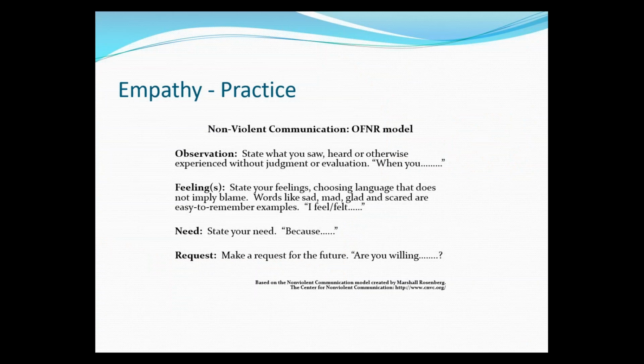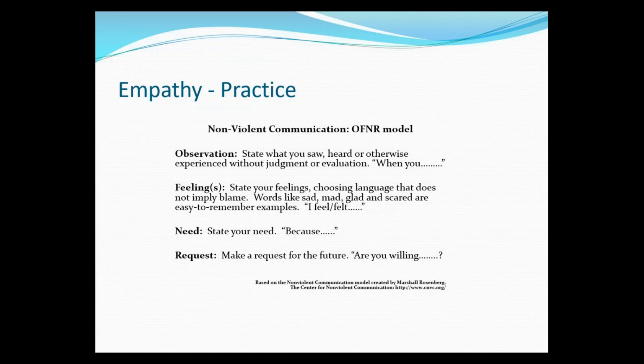So I'm just going to take a minute here to share with you one method of nonviolent communication, in other words, a way that you can have a conversation that gets at your internal state with another person, and what's going on for them when something happens in a meeting, or there's a potential conflict.